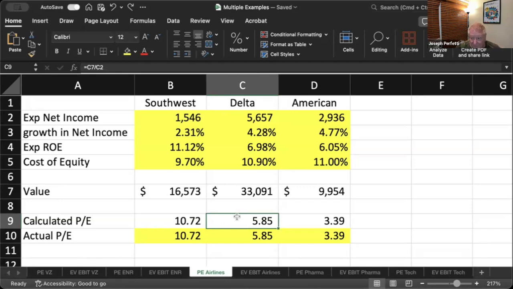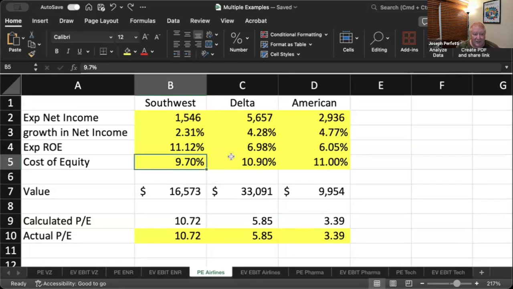There's a third reason, and this one is often overlooked. Southwest is also trading at a premium because they have lower risk. Their cost of equity is absolutely lower than Delta's. If I have a lower cost of capital, my discounted cash flows are worth more. So the third reason Southwest is trading at a premium is because of their lower cost of equity.